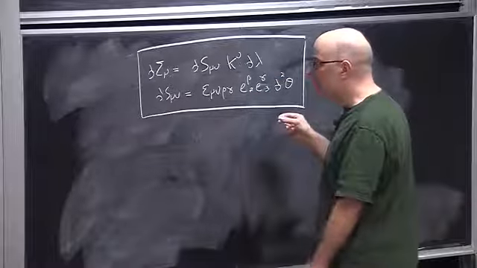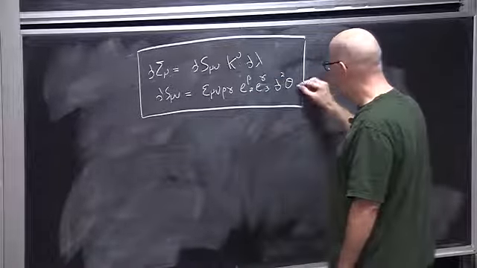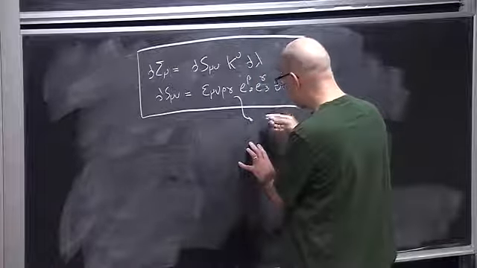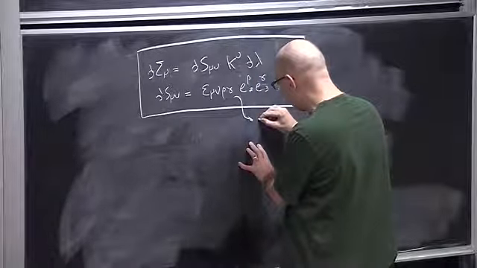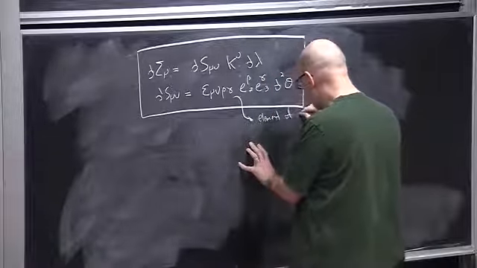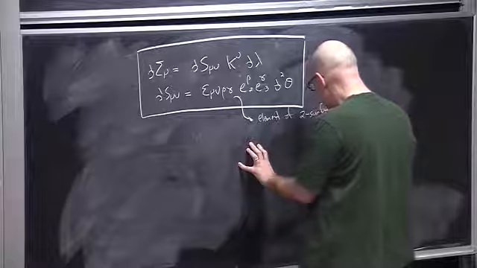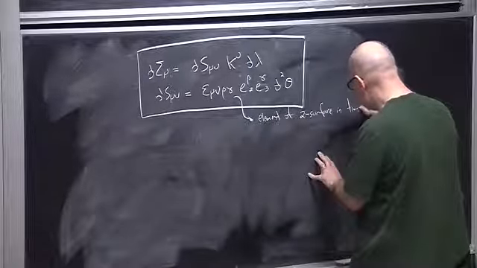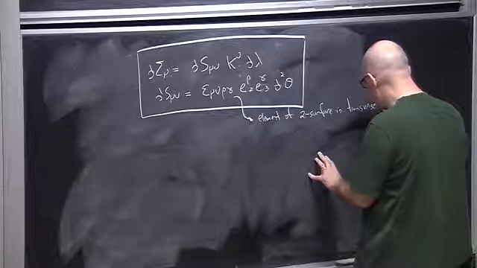So the claim, if you buy this, is that this quantity over here is an element of two surface in the transverse subspace.